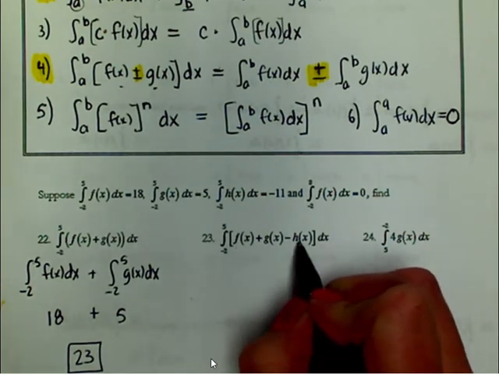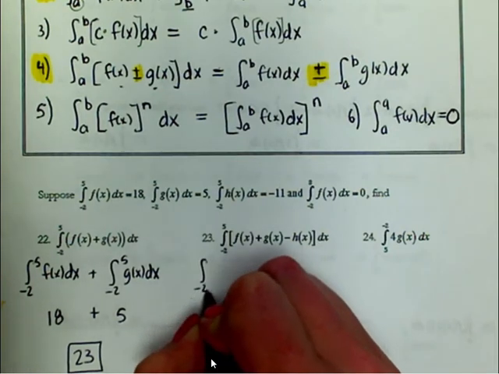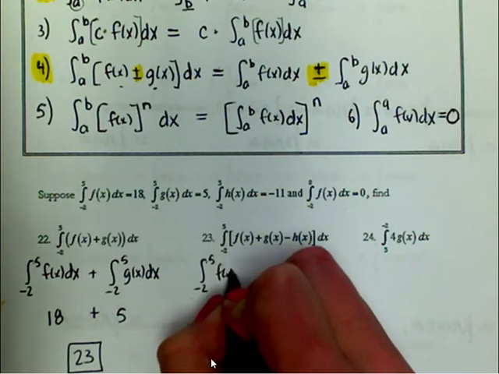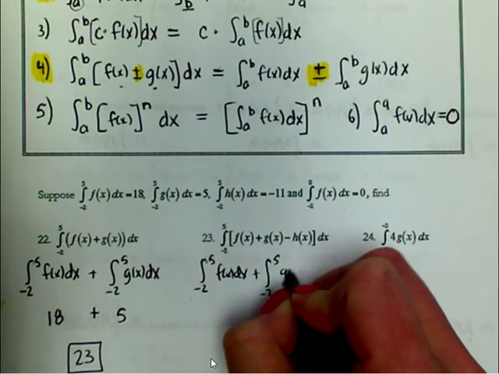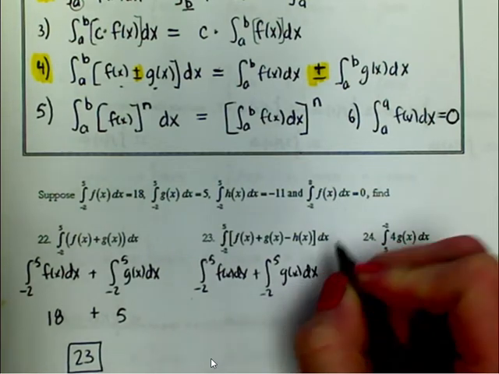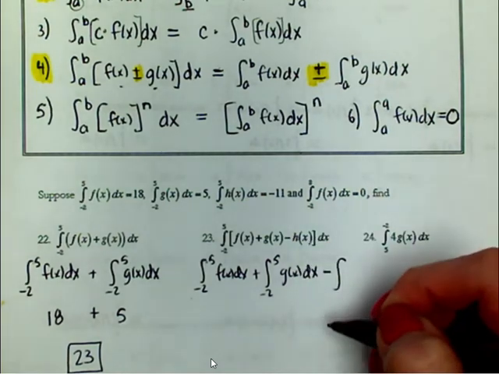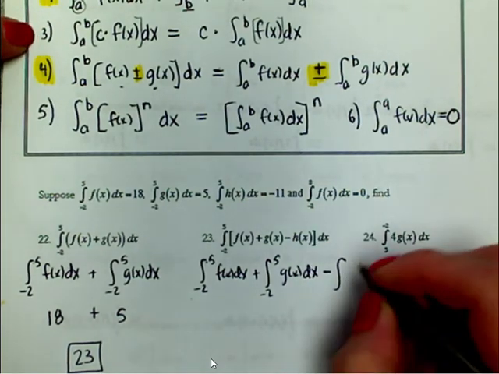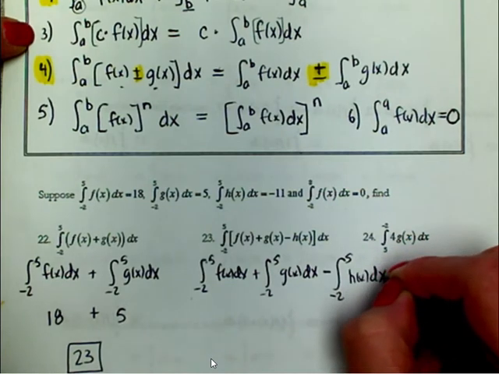Okay, 3 of them, and subtraction. Okay, negative 2 to 5 f of x dx plus negative 2 to 5 g of x dx minus, right, so the negative comes in front, that's kind of like the coefficient one, negative 2 to 5 h of x dx.